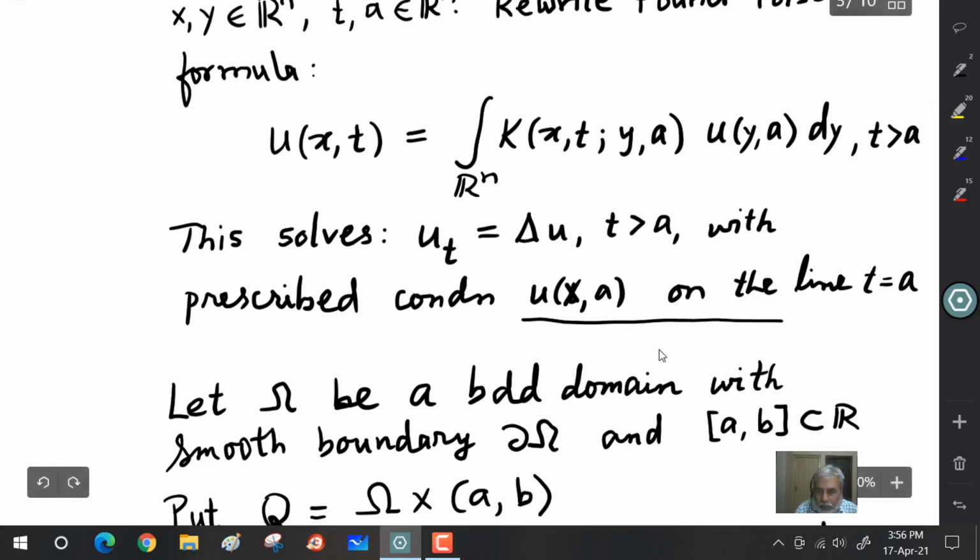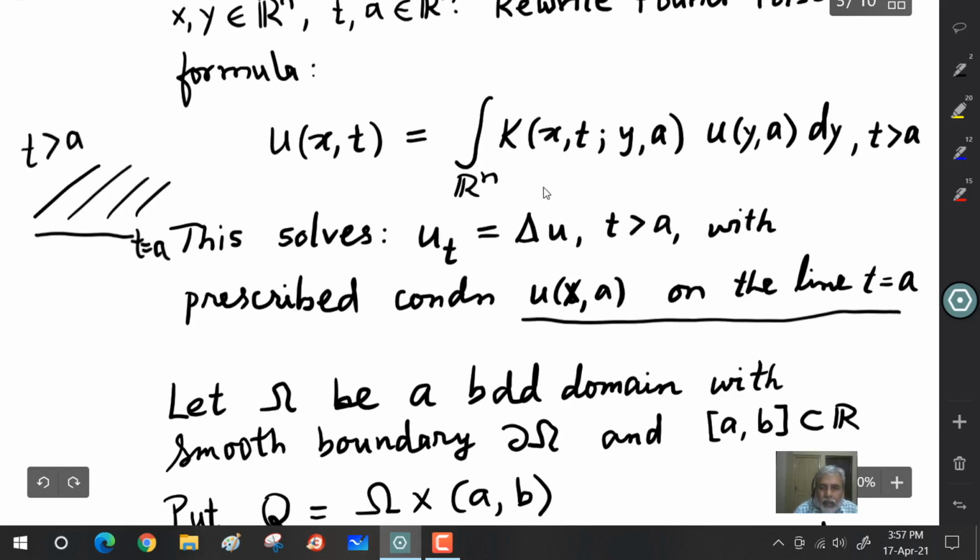So earlier we had taken the initial condition on the line t equal to 0, but we can take that initial condition on any line, t equal to a, and you solve the heat equation here for t bigger than a. Okay, and this is the Poisson formula in that case.